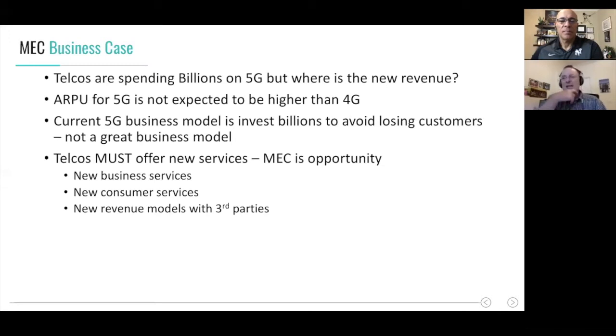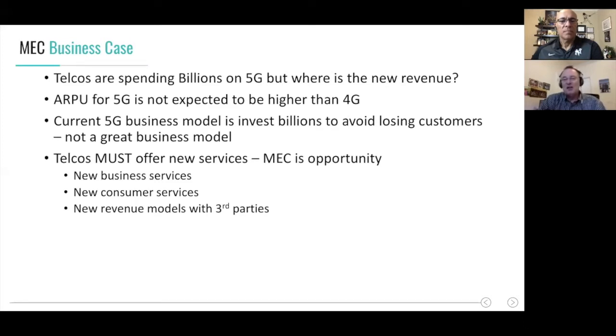Now, so let's talk a little bit about the business case. Why do I want to do this? So, if we look at 5G, right? The telcos are spending billions and billions of dollars building out these 5G networks. But one of the problems is that we're not seeing ARPU going up.